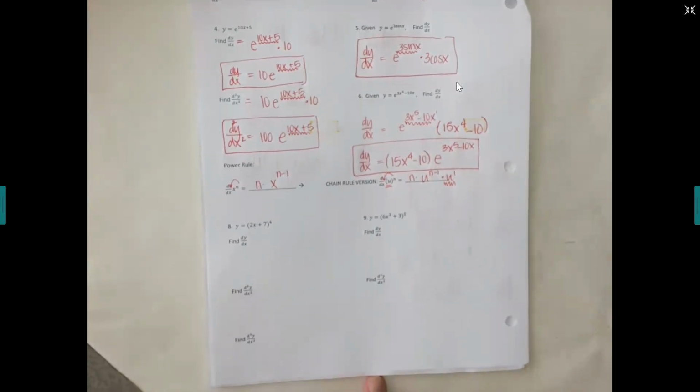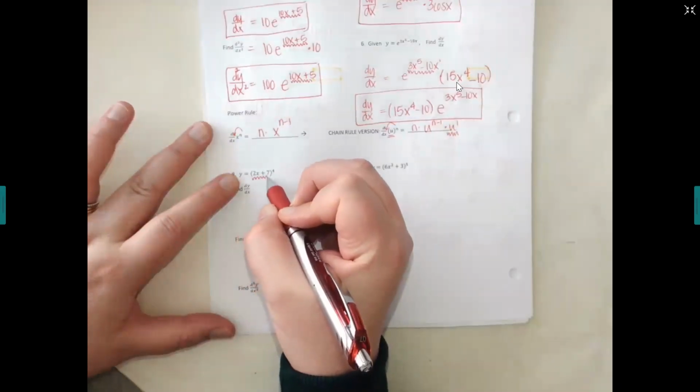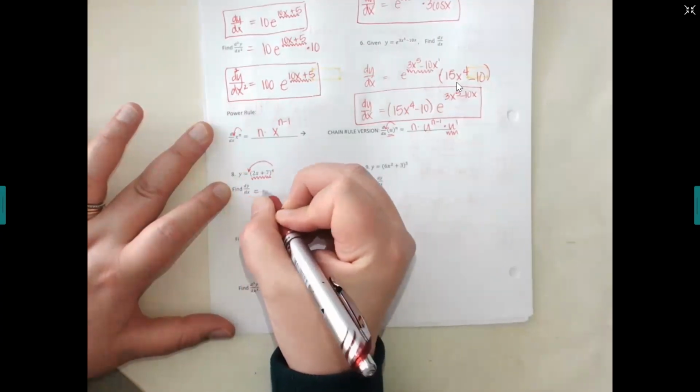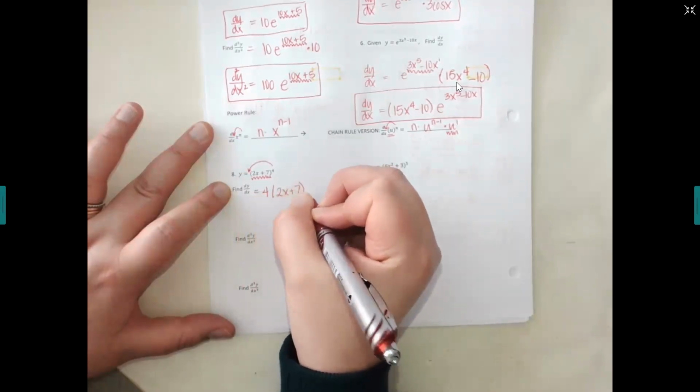So let's take a look at number 8. Okay, remember, u is like the middle of the equation. So in this case, my u is a 2x plus 7, and I want to take the derivative. Well, then my 4 comes down to the front. My 2x plus 7 stays the same, but now it's to the third. So notice it's almost like you're taking the derivative around that core.